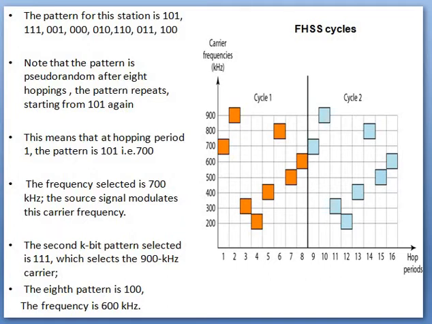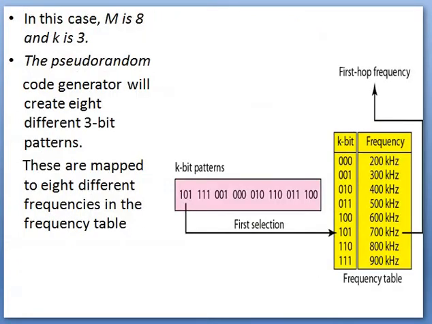Here the pattern is pseudo-random after 8 hops, which means the pattern repeats starting from 101 again. This means that at hopping period 1, the pattern is 101, which is 700 kilohertz. The frequency selected is 700 kilohertz as shown in this figure.